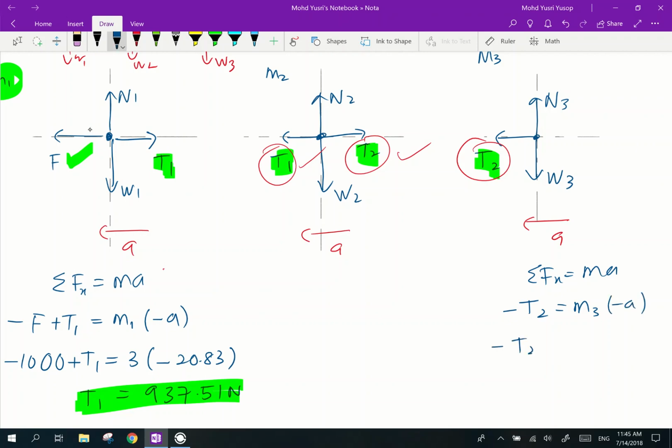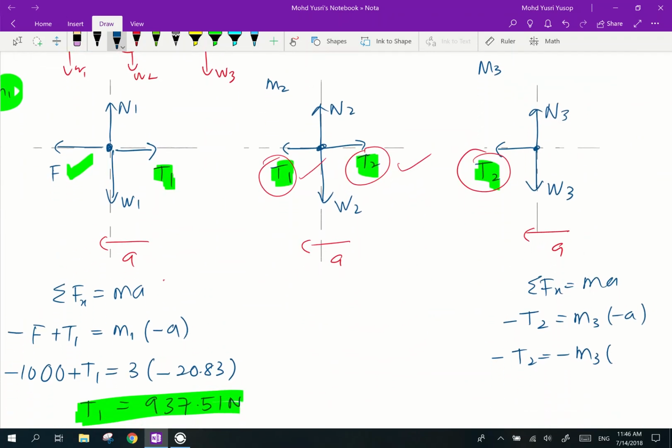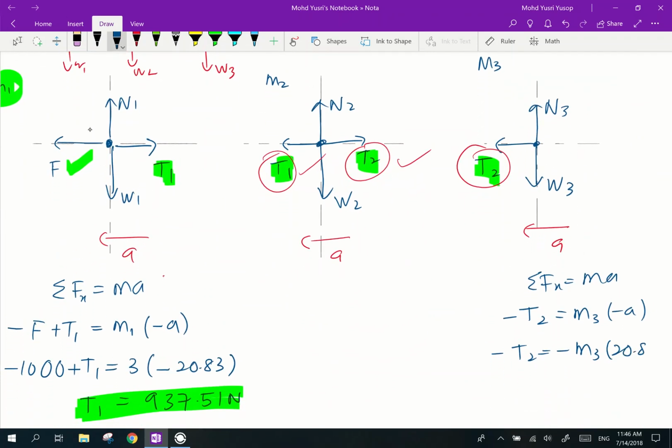So negative T2 is equal to negative M3 times the magnitude of acceleration, 20.83. Negatif saya dah masukkan tadi direction dia. Dan T2 saya akan dapat 624.9 Newton. So that's all for example 14.